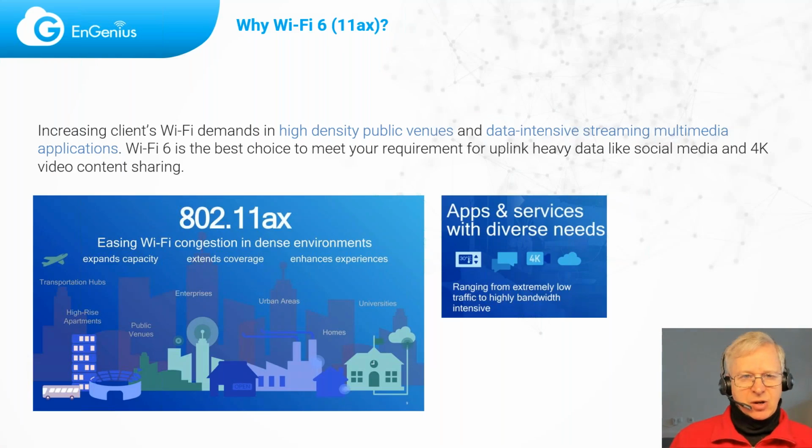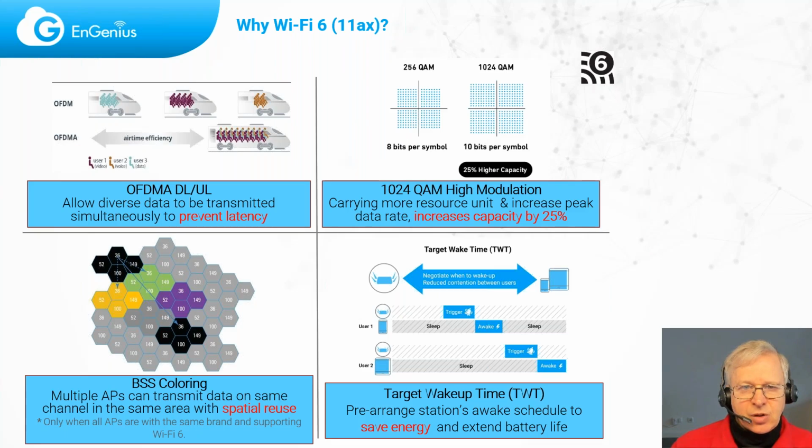Hopefully everybody already knows, but we have an increasing demand in high density situations, more data, and Wi-Fi 6 is the best choice for that. Wi-Fi 6 has a number of new features which prevent latency.